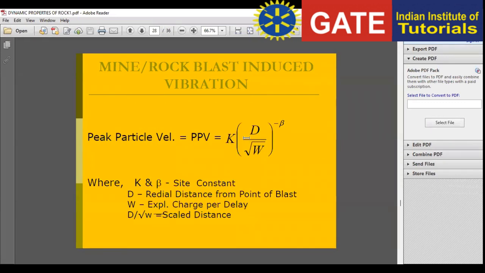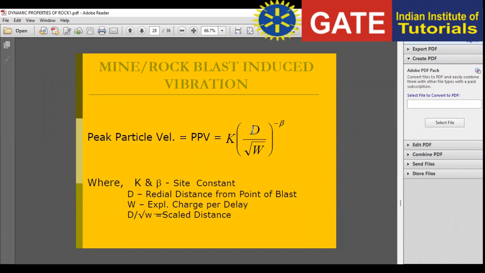And peak particle velocity is K, which is the site constant, multiplied by the scaled distance. This is the scaled distance, that is, the radial distance from the point of the blast divided by the square root of the explosive charge per delay, means maximum instantaneous charge per delay.